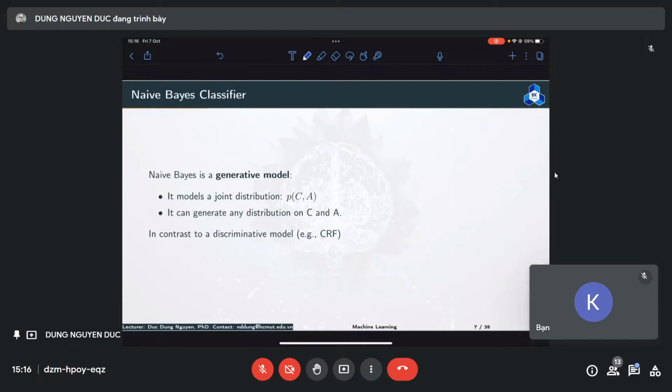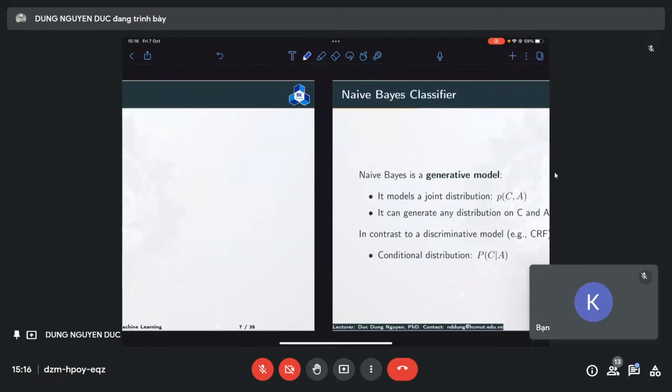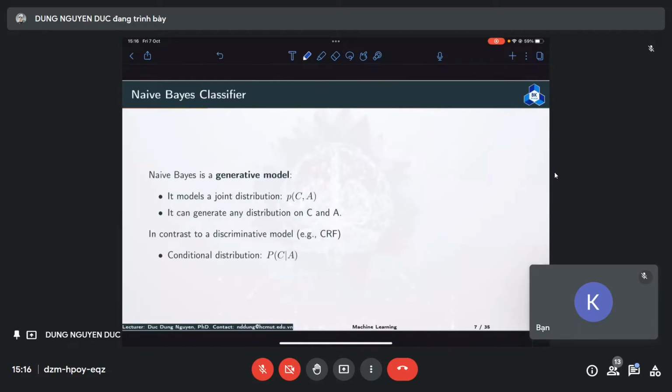Okay. Now, let's see. So, what about conditional random field and some other discriminative models? What it models is this one, the probability of a class given the data. Okay, a class C given data.